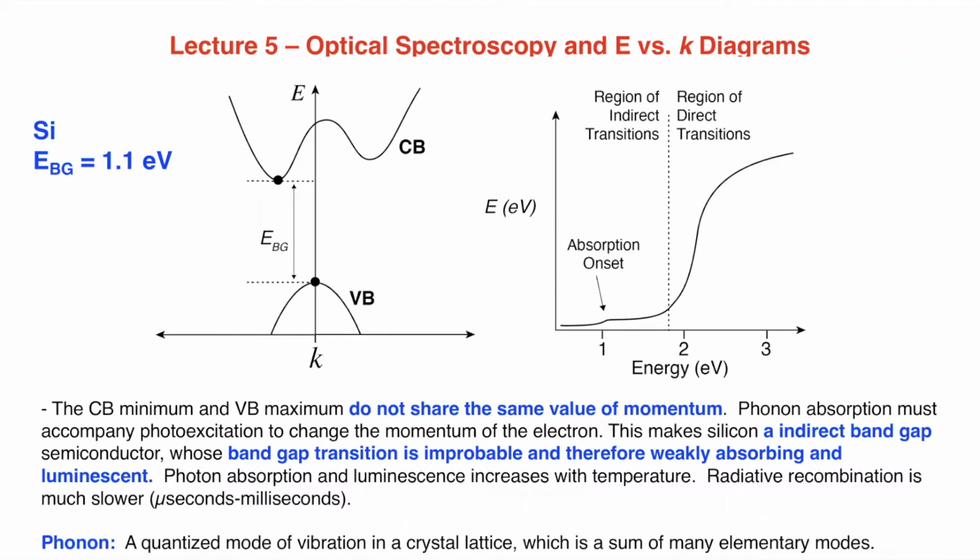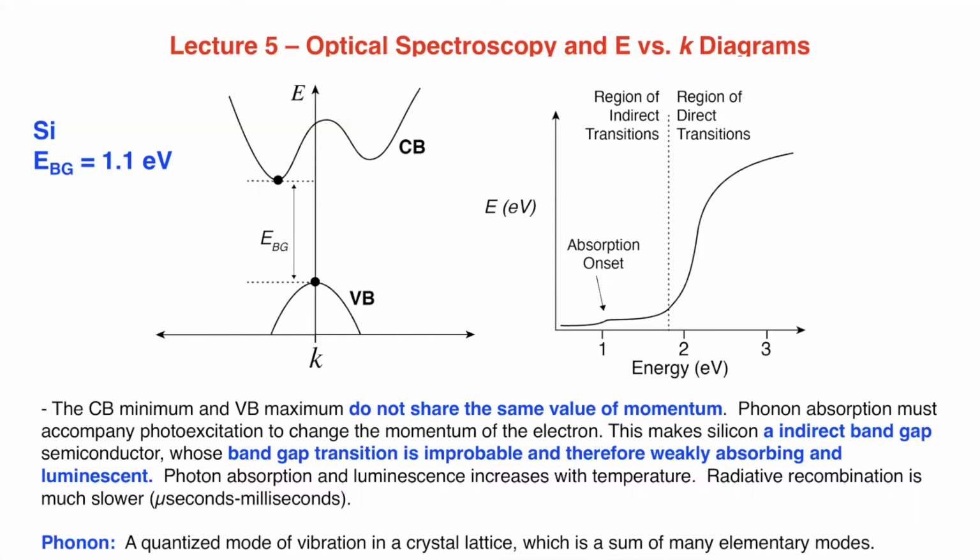So now you have a photoexcited electron that sits at a momentum that is different than the momentum of the valence band maximum. And what that means is that the recombination, the transition where the electron falls from this position to that position, is very improbable.